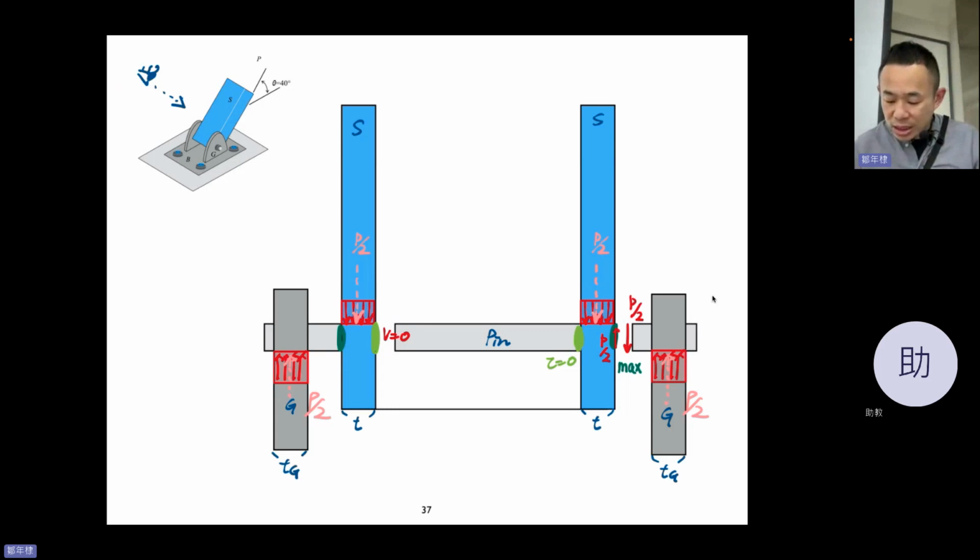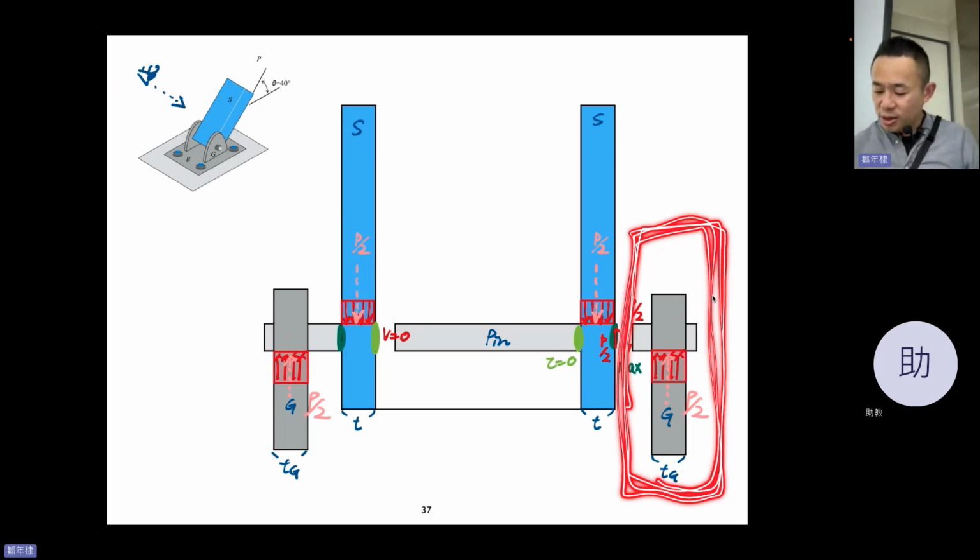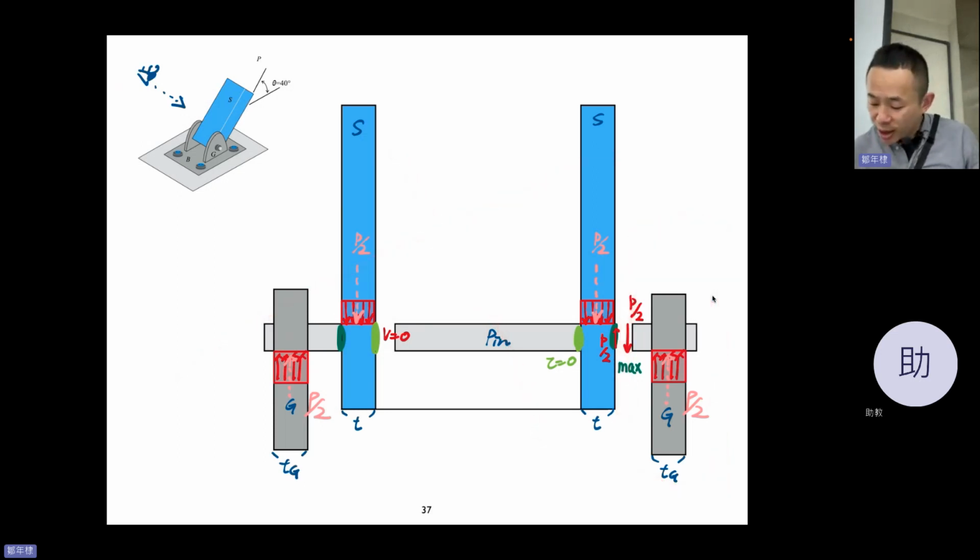We want to see which part of the pin will have the highest stress. So if we cut here and just take care of this part and ignore that, we find that this is half P, and there must be a force in this area to make this half P and half P balanced.